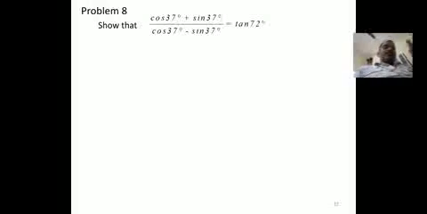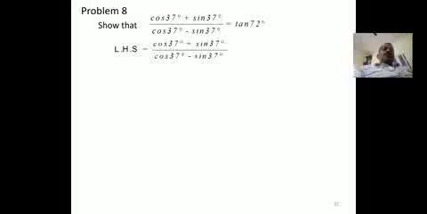Here one small correction, it is not 72, it is 82, tan 82. And now the same as this, take the LHS part. That LHS part is (cos 37 plus sin 37) by (cos 37 minus sin 37). Divide numerator and denominator by cos 37.